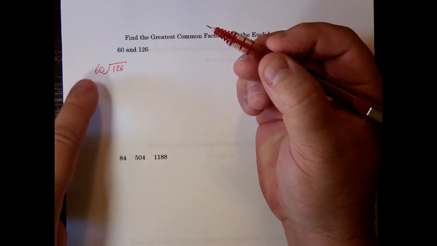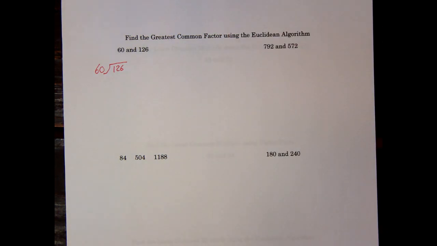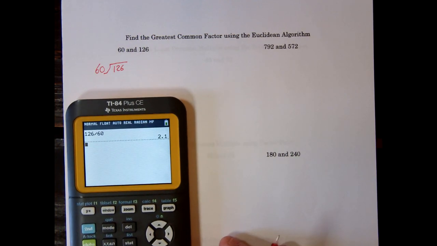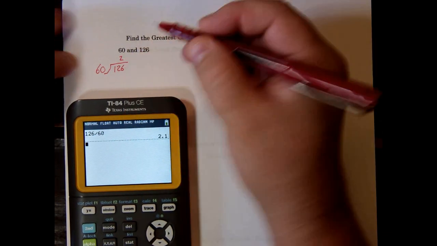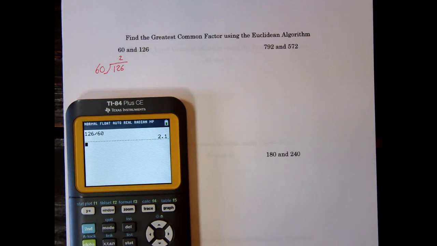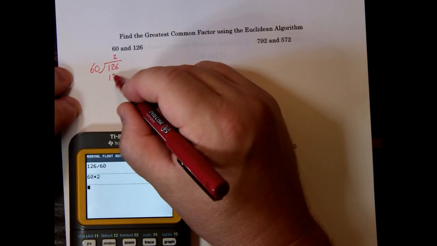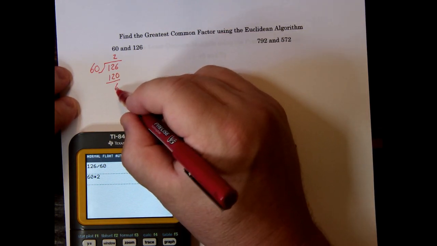You probably want to grab a calculator for this, but you don't want the decimal part. 126 divided by 60 is 2.1. So all I care about is how many times it'll go evenly. So it'll go twice. And 60 times 2 is 120. And then subtract. And the remainder is 6.